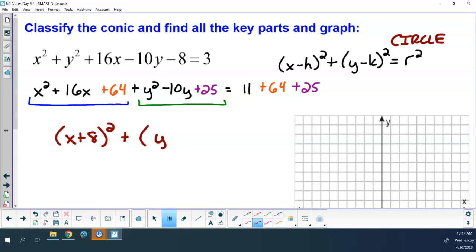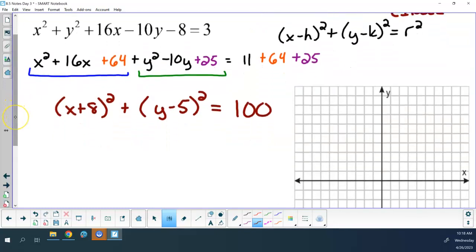Y minus 5 quantity squared. And what's that all equal to? 100. Okay. What can you tell me about this circle?